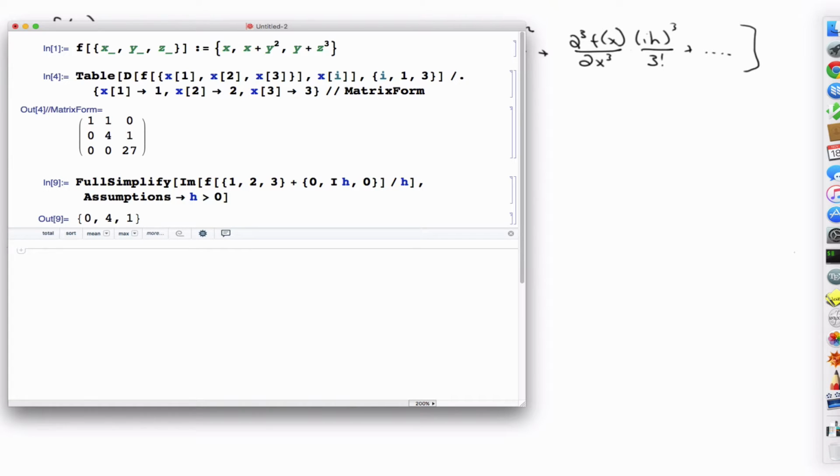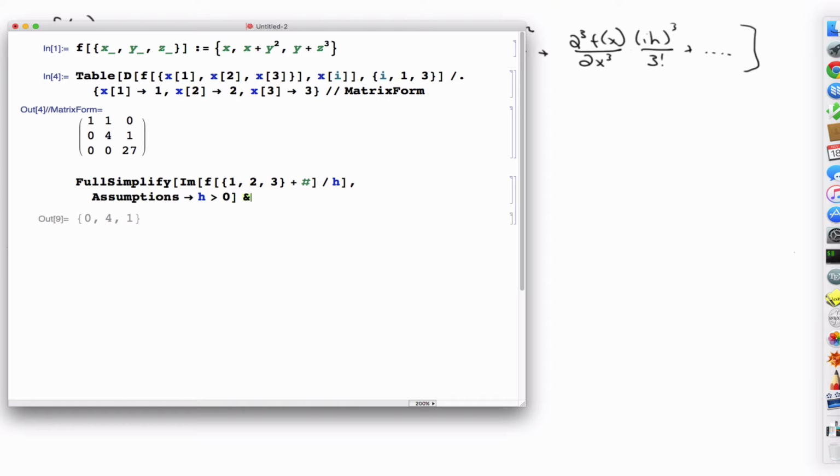So then I can use a trick. Mathematica is a functional language, so I can make this whole expression a pure function, and I do that by putting that there and that there. That's just syntax, and you see it turn green.